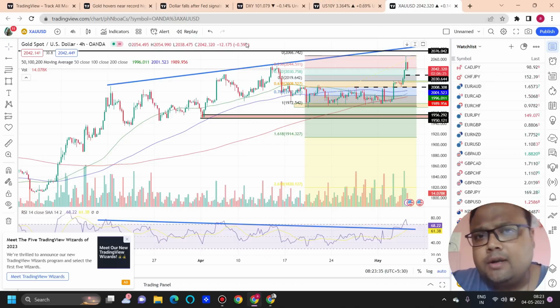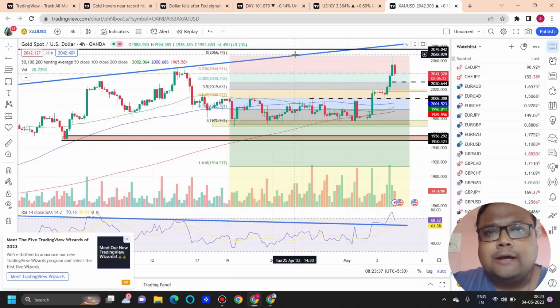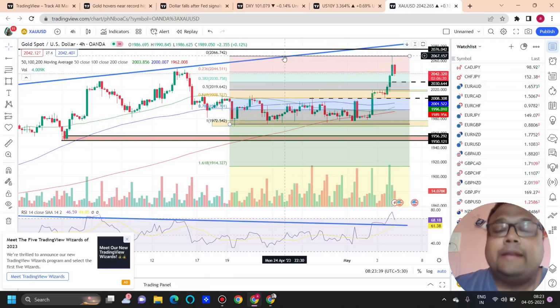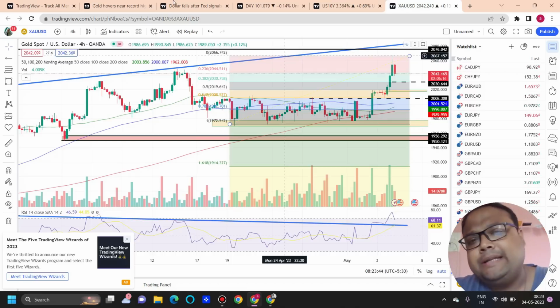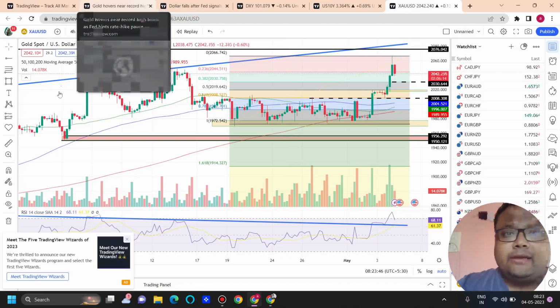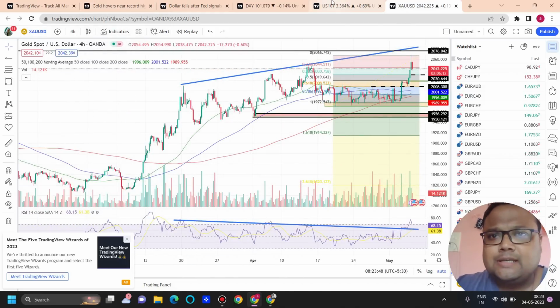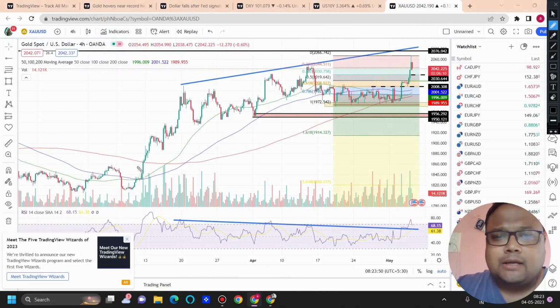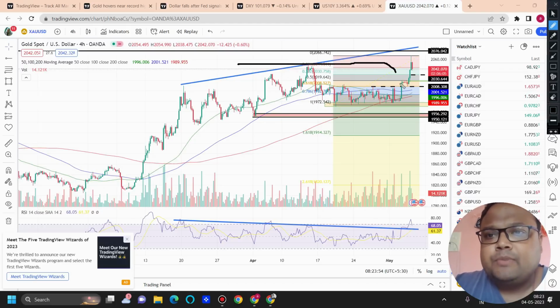And if you're a day trader, then yes, you have the leverage to take trades on both sides of the market, but you also need to be very careful. So let's discuss one by one. First of all, the trend of the market is bullish, that we cannot deny. But when the market reaches this particular level, do we see an uptrend?